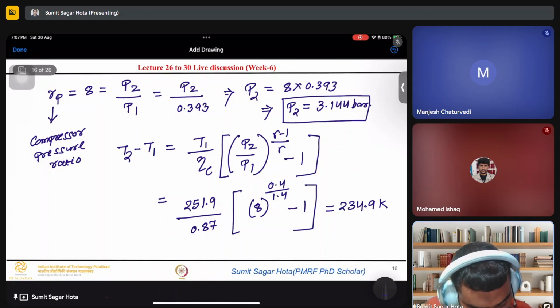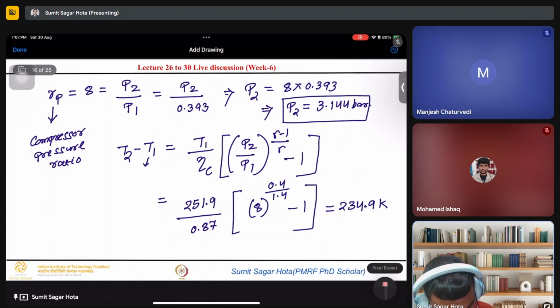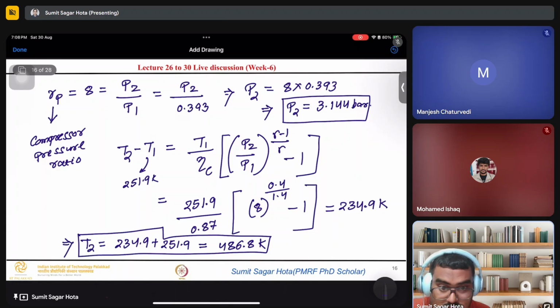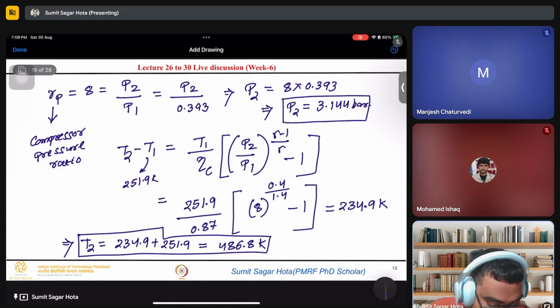Now T1 also you know, so now I can find T2 is equal to 234.9 plus 251.9, which is 486.8. This is your T2.